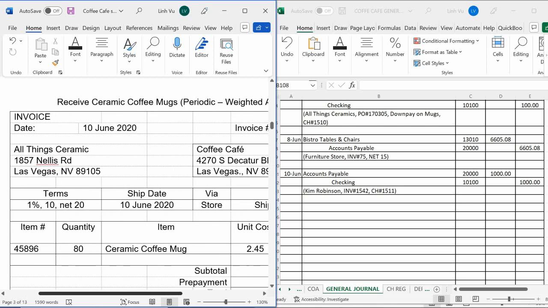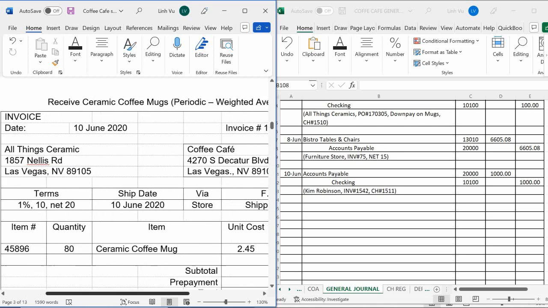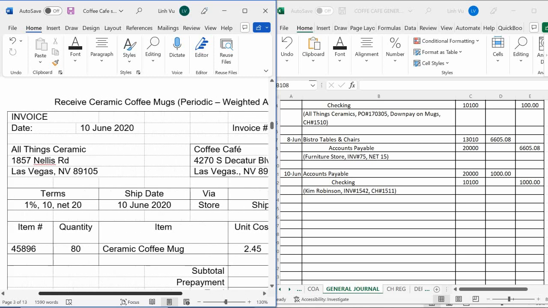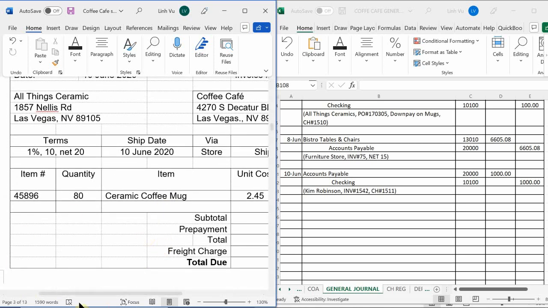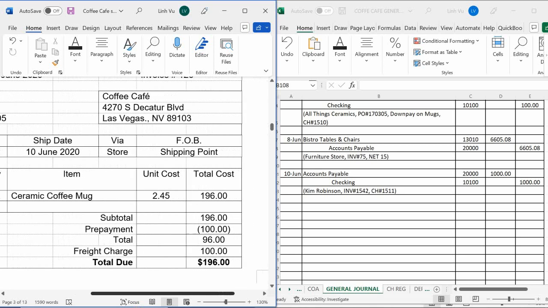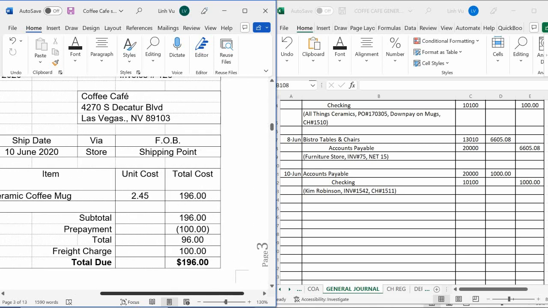Here's the address. Terms is 1%, 10 net 20. Shipping date should be June 10. Here we are for the total of 80 ceramic coffee mugs quoted at $2.45 each, which gave us a total of $196. We got a subtotal of $196.